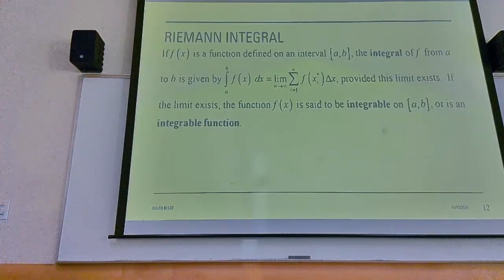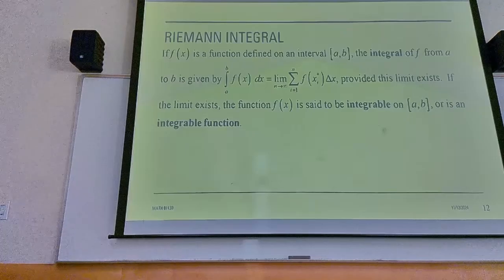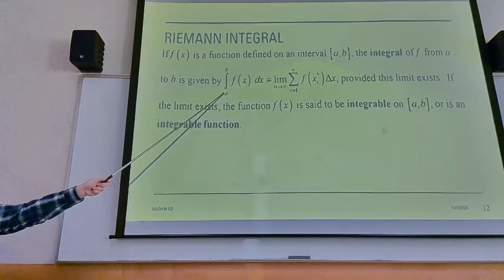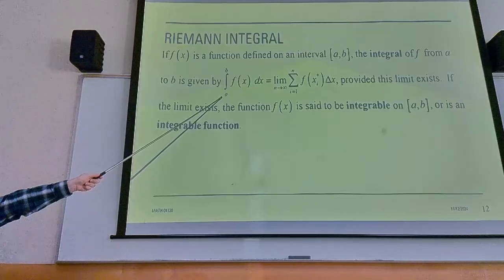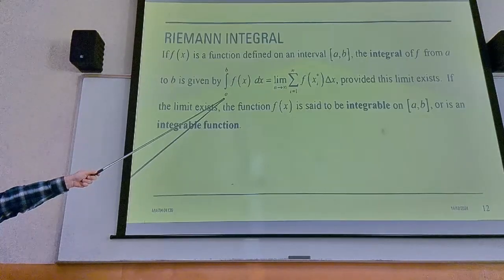The Riemann integral, just called the integral, of f from a to b, is represented by that. No, that's the integral. This isn't the Lebesgue integral. This is the Riemann integral.